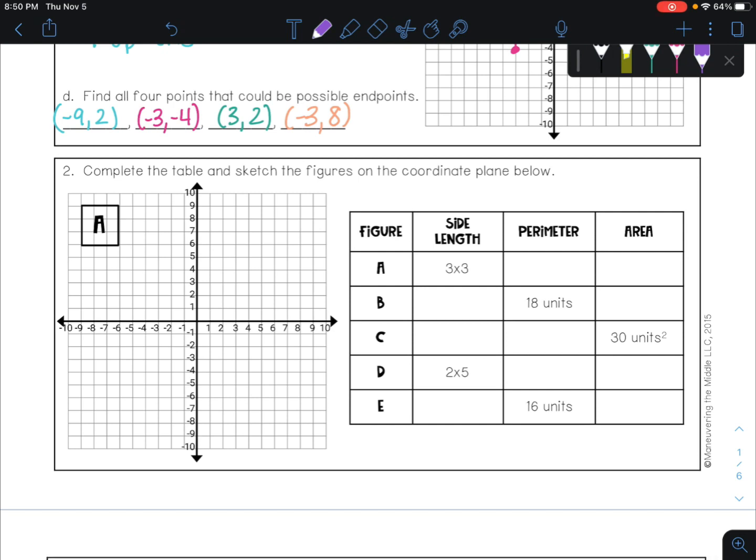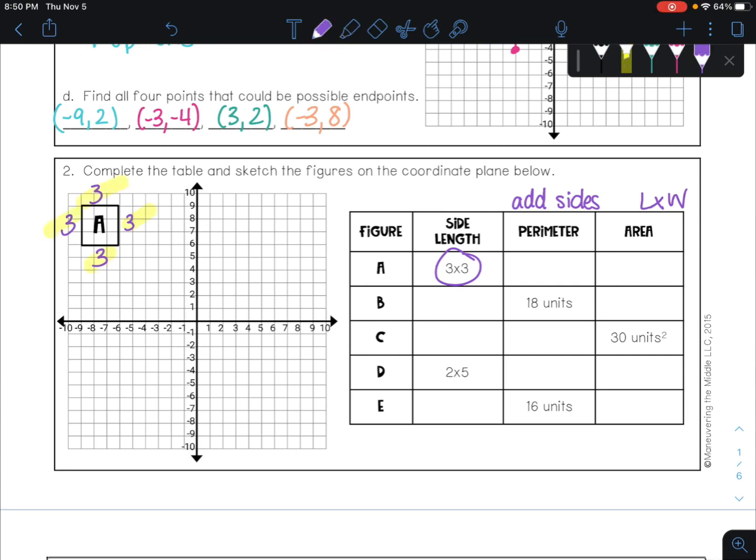So for A, the side lengths are all 3, given by this. If we want the perimeter, we're going to add the sides, versus area, which is the length times the width. So for the perimeter, we're going to do 3 plus 3 plus 3 plus 3.